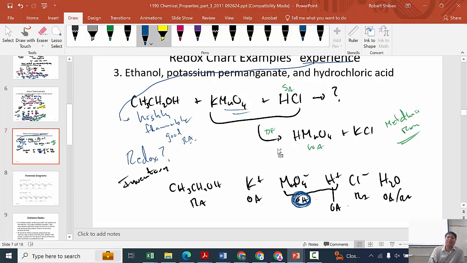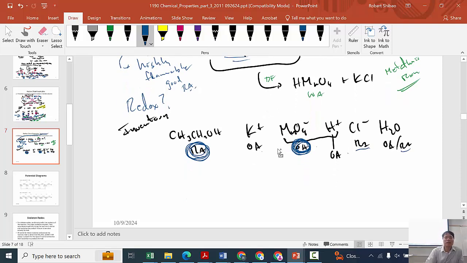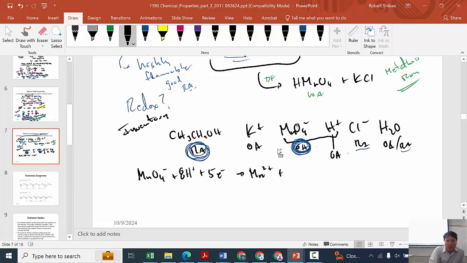Which of these is easiest to burn? Chloride, water, or ethanol? Ethanol. We already determined that. And so the reaction should be here. Now, permanganate, I have the equation. I can just copy the equation off the chart: permanganate plus 8H plus 5 electrons yields Mn2 plus 4 H2O liquids.